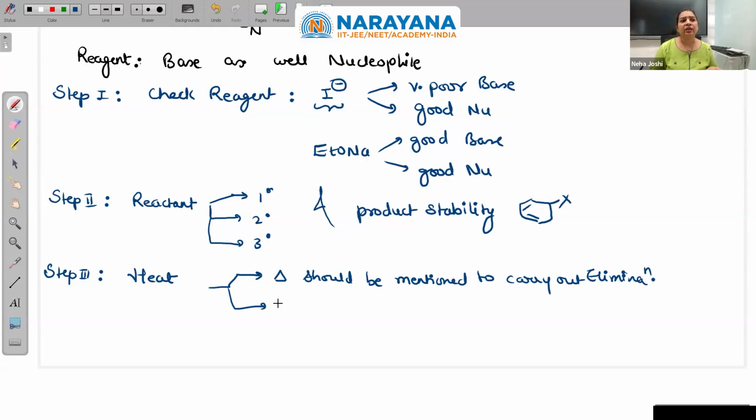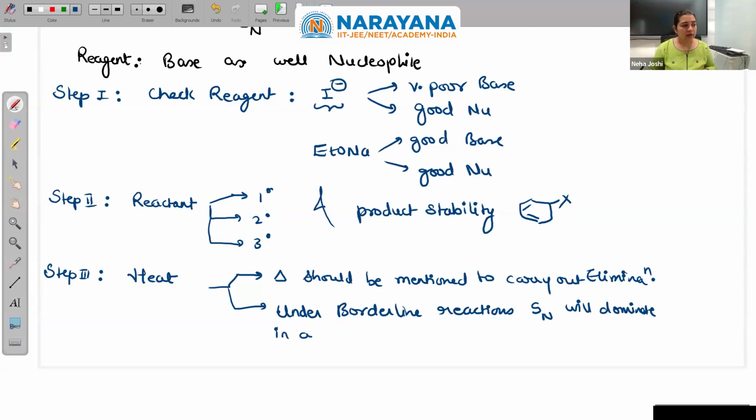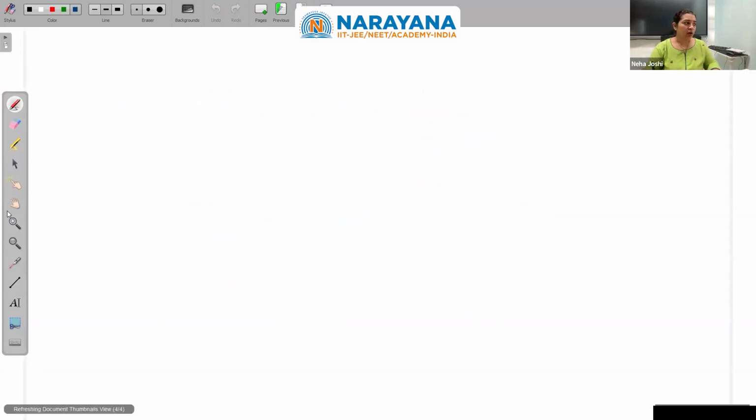And if heat is not given, then particularly for those reactions which are borderline between elimination and substitution, SN will dominate in the absence of heat. And if heat is not given, then nucleophilic substitution will dominate.